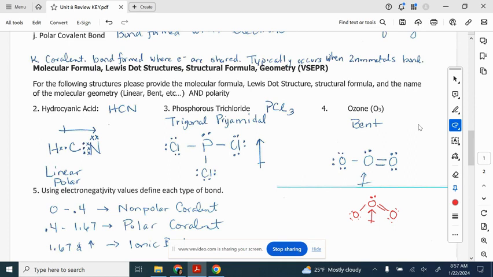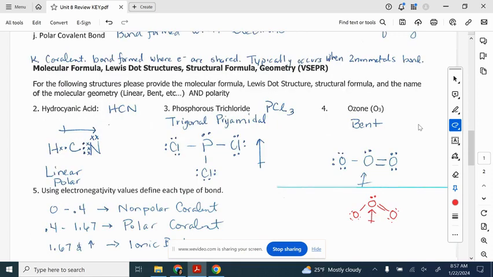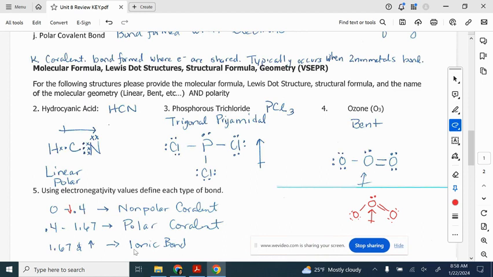If you're looking at the electronegativity of a specific bond, nonpolar covalent is going to be between 0 and just a little bit shy of 0.4. 0.4 to 1.67 is going to give you polar covalent. Do you think this thing will let me move it out of the way? There we go. And then 1.67 and higher is going to give you an ionic bond.